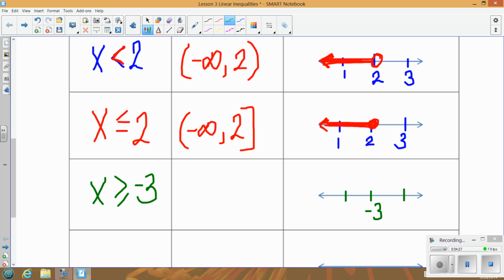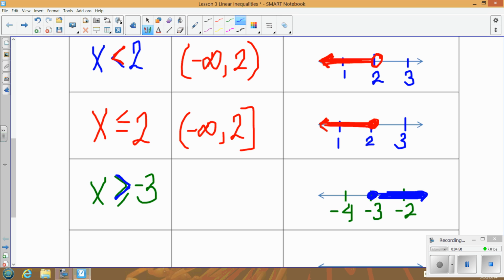So let's say negative 3, negative 2, and then over here will be negative 4. When you go to shade this, you are going to include negative 3, so it's going to be a solid circle. And x is greater than, so that means we're looking at the right of this. Again, look at that arrow. The arrow is pointing in the direction to the right, which means my shading goes to the right.